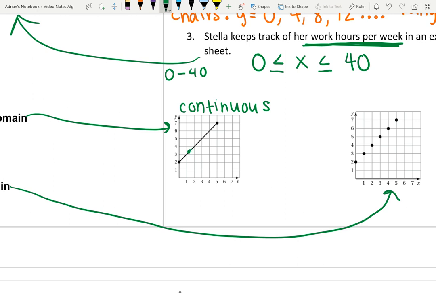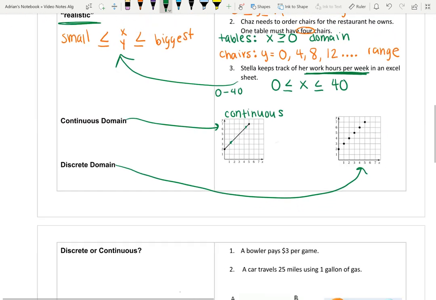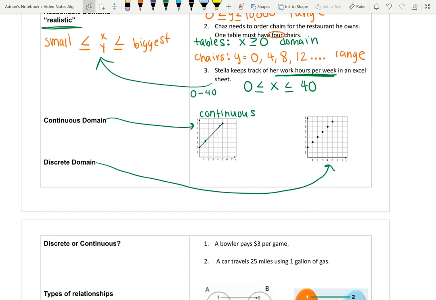I could go to 4.5 and have a value. There's a value at every single point in between this dot and that dot. So continuous domain has all real numbers, which includes decimals and fractions.